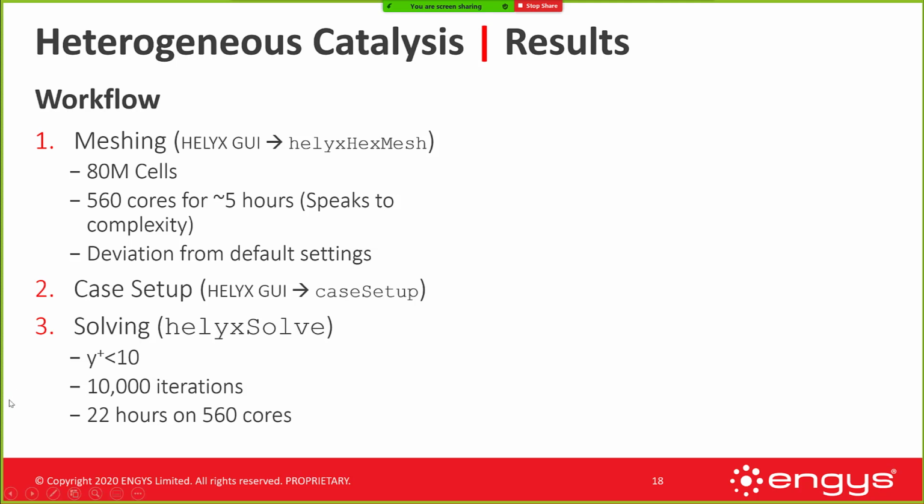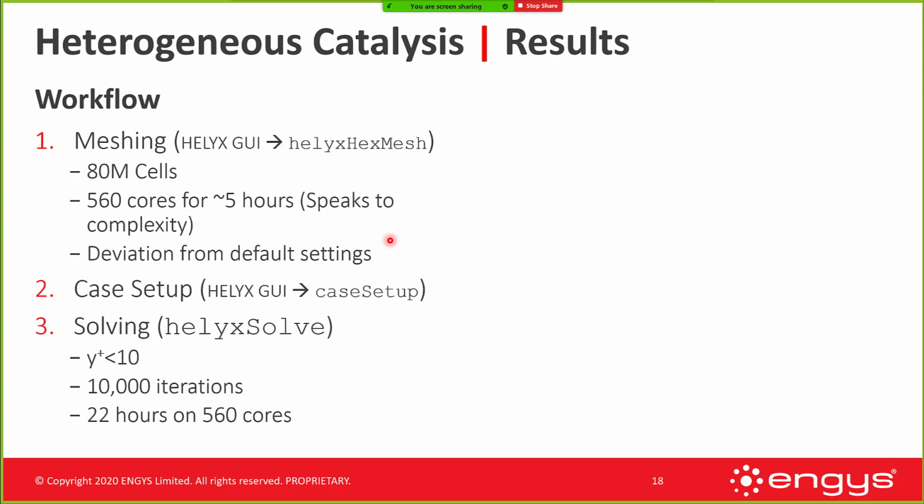And one thing that I can say is that there was actually a deviation from the default settings that we recommend, and the deviation was adding more snapping and smoothing iterations at the interface because I wanted to make sure that, one, I resolved all the particle surfaces very well, and number two, I had nice surfaces that conformed to the starting geometry so that when I added layers, I had nice layers on the surface.